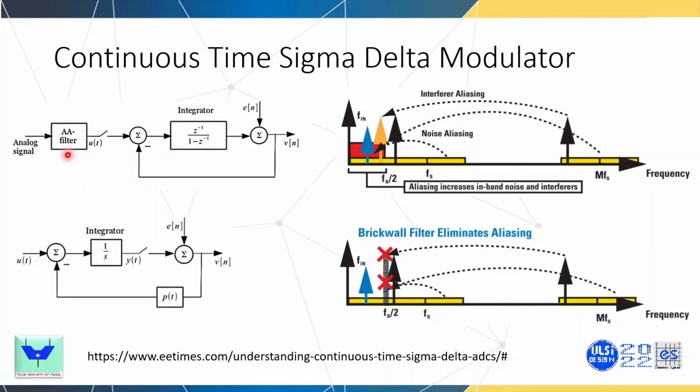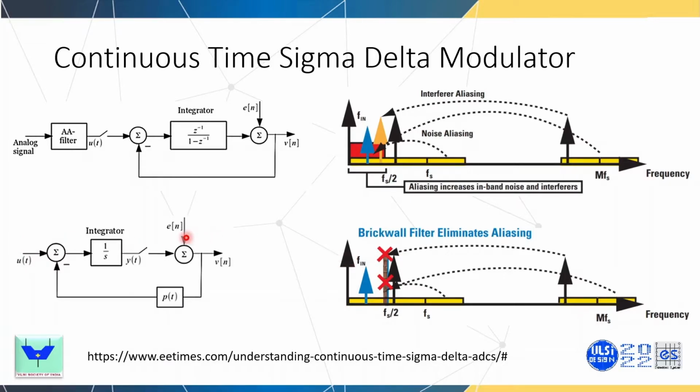Now we talk about continuous time modulators. The sampler is moved after the loop filter, just before the quantizer. This results in a low pass filtering action by the loop filter itself. So the input is subject to a low pass filter, and then the sampling occurs just before the quantizer, and this in fact circumvents the need for an anti-aliasing filter.